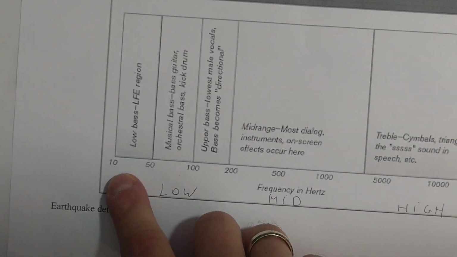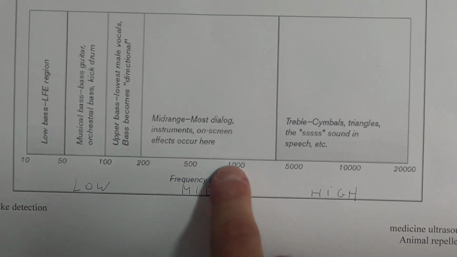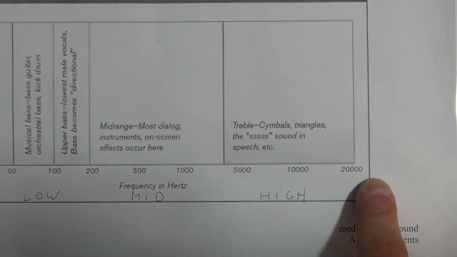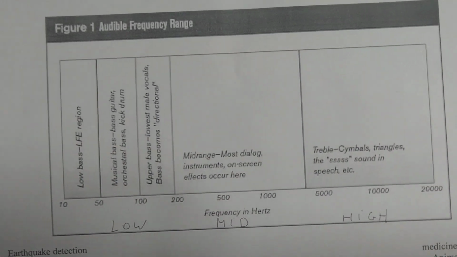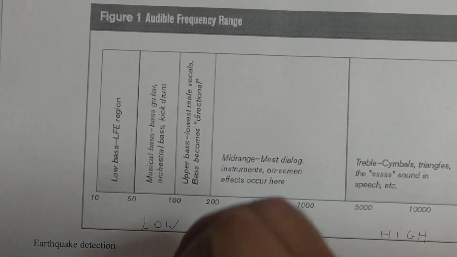So basically, low bass sound is from 10 to 200. This frequency range is called medium, and this high. Of course, there are some more technical details, and you can put this in more detailed sections.